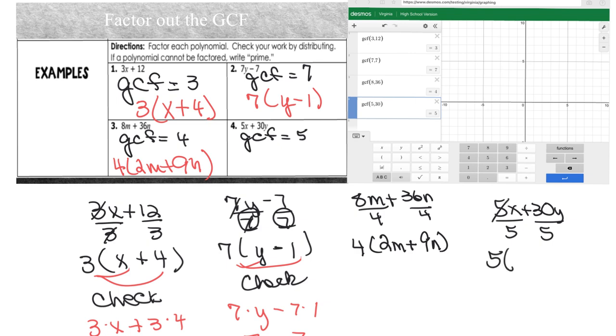The 5's divide to equal 1, and we know 1x is just x, plus 30 divided by 5 is 6, and I bring down the y. So we have taken polynomials that were in simplest form, and we have factored out the GCF.